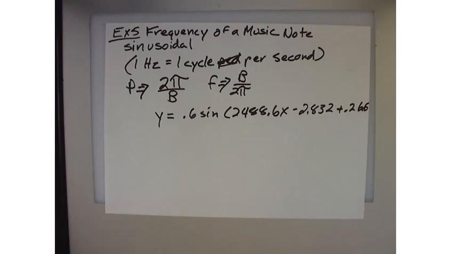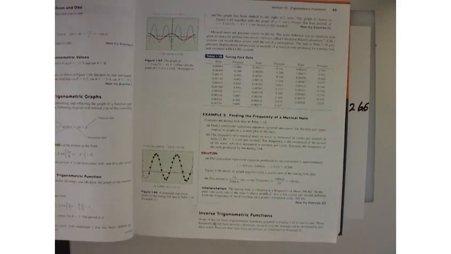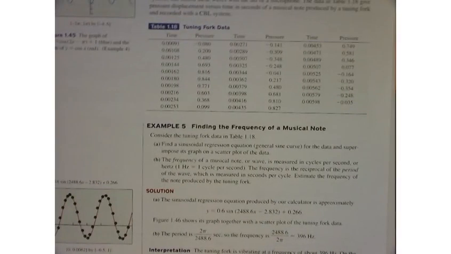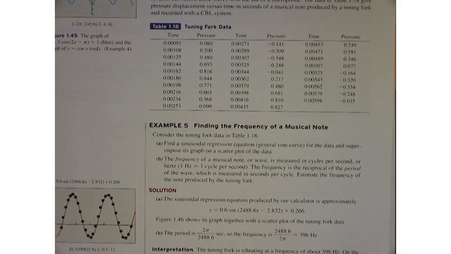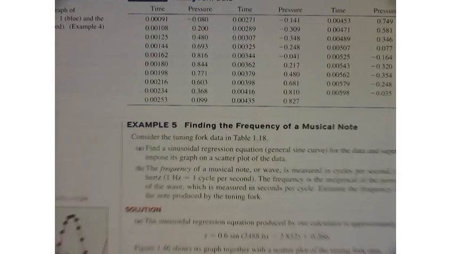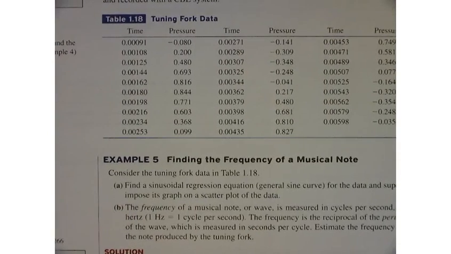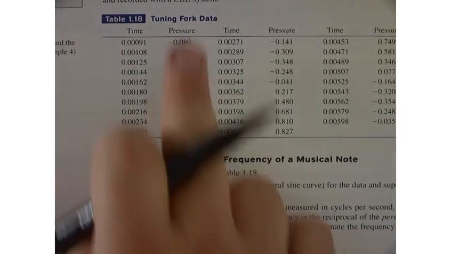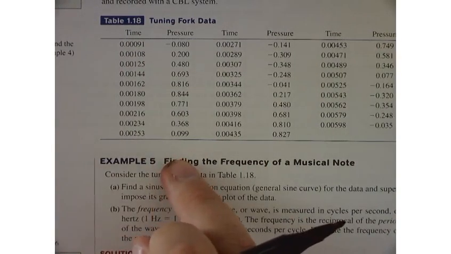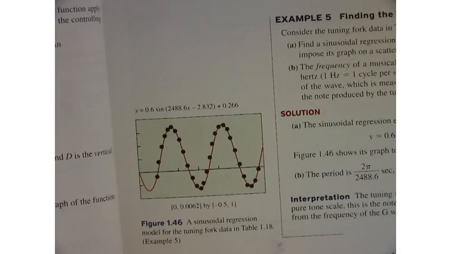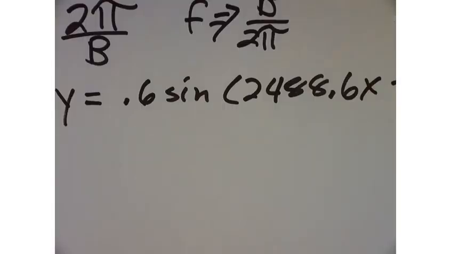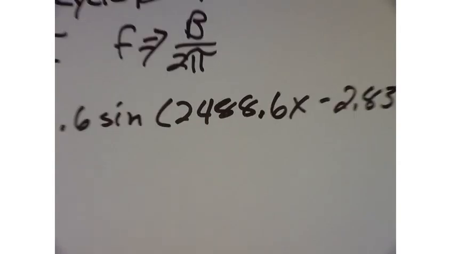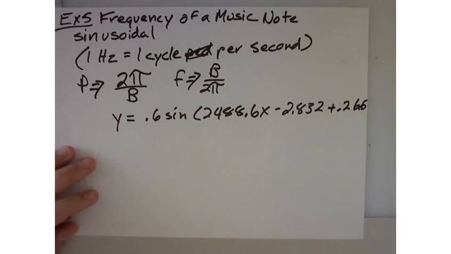So if I were to take all this data and plug it into my calculator, which one is x and which one is y? Time is x and pressure is y. So if you were to enter that in your calculator, this will be L1 and this information will be L2. Does that make sense? And you would get a graph like this, and then you could just do a sine regression, right? And if you were to do that, it would produce this equation. Okay? So that's part A.